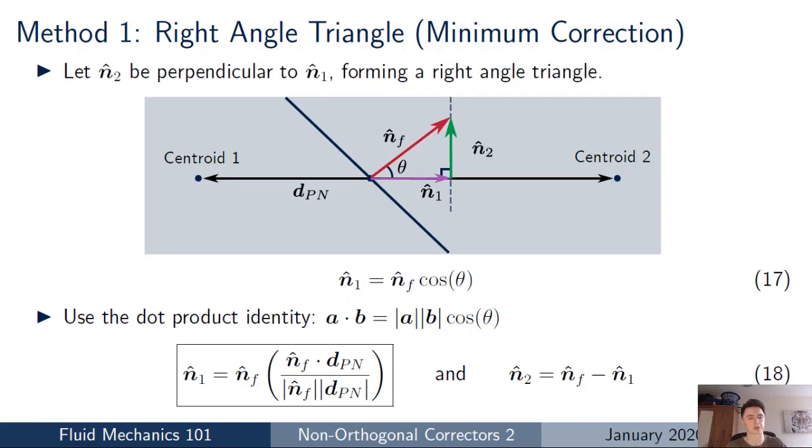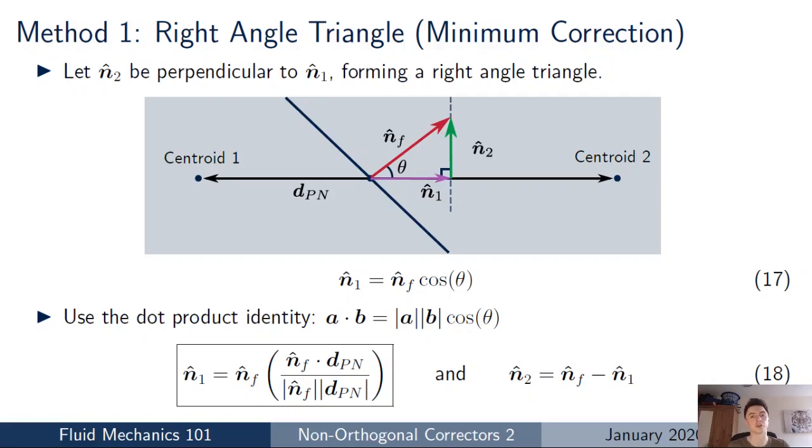So you can just use that expression in the box and that will get you n1. It's worth also noting that n2 will then just be given by the second expression in equation 18. n2 will just be the vector subtraction of n1 from nf, and that will give us n2.